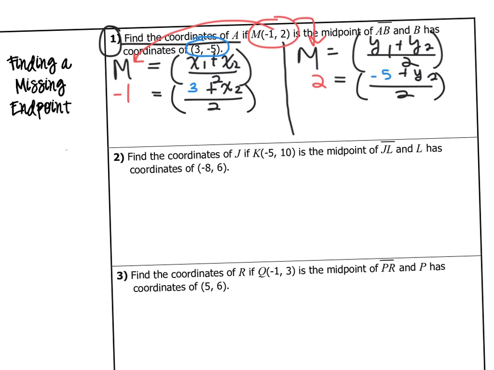So in order to solve for x and y, I need to solve my equation. So I see that I can first multiply both sides by 2. When I multiply both sides by 2, that's going to cancel this out. So I'm going to be left with negative 2 equals 3 plus x sub 2. So x sub 2 is going to be equal to negative 5.